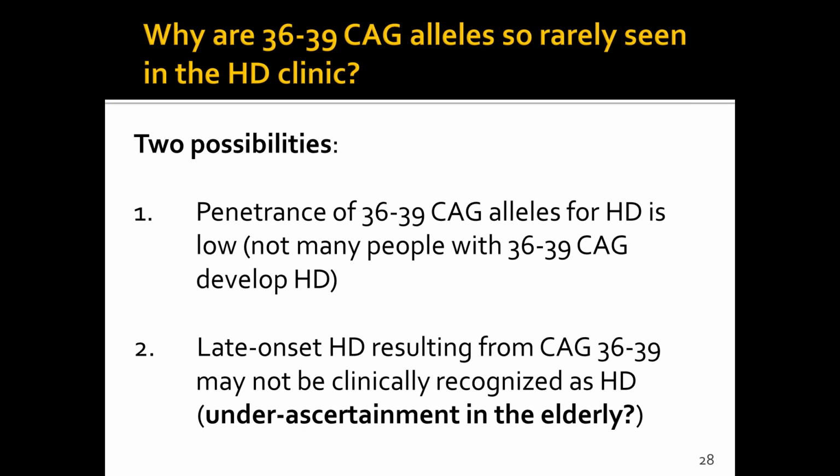Will each generation have an earlier onset as you go further and further down? Generally, yes, but not necessarily. So the expanded repeat is unstable in general. It does have a tendency to expand, but because it is unstable in general, it also has the potential to contract.